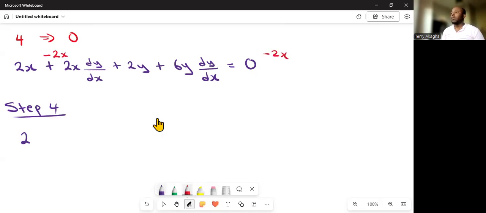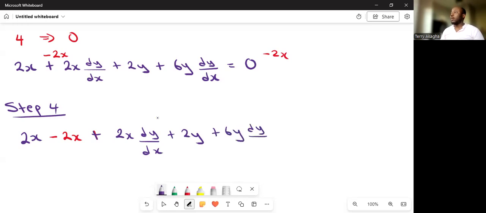So it's going to give me 2x, okay, minus 2x, then plus 2x dy over dx, okay, plus 2y, plus 6y dy over dx is equal to 0 minus 2x. So it becomes 0 minus what? 2x. Are you seeing it? Then this 2x will cancel this 2x.